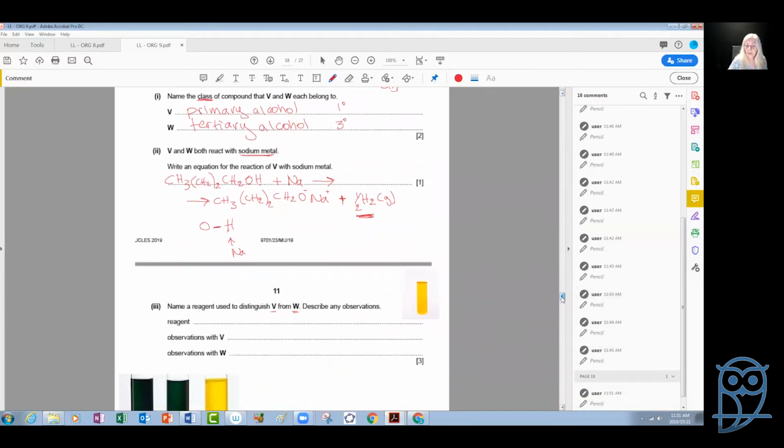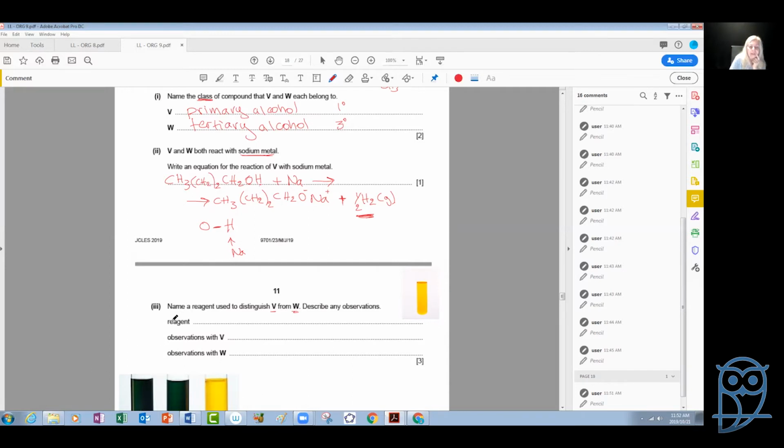And as always, when there are tests, they are going to ask questions on the tests, and we need to be aware of how we distinguish the tertiary alcohols from the primary and secondary.